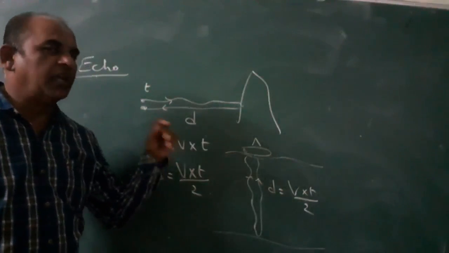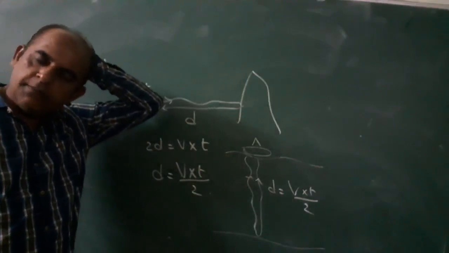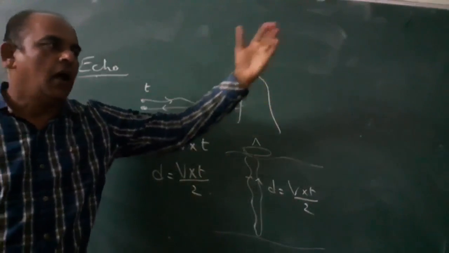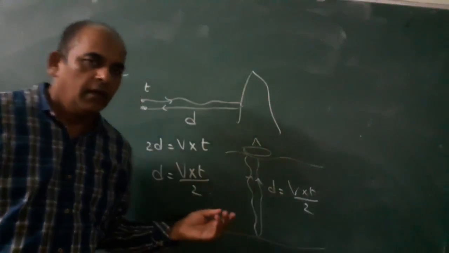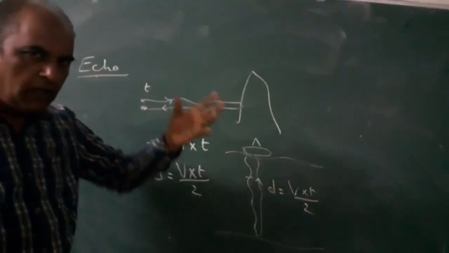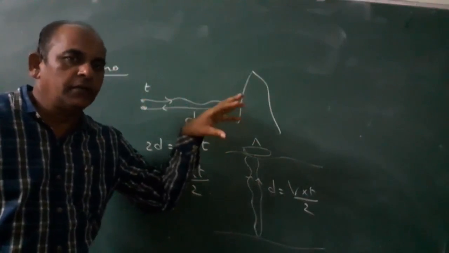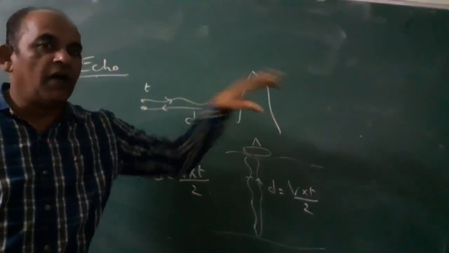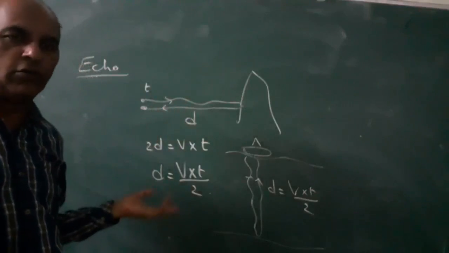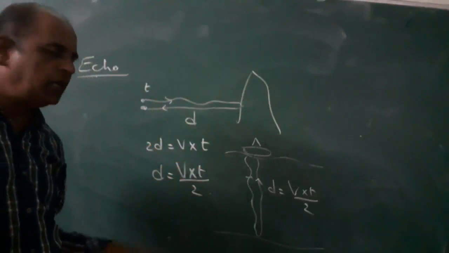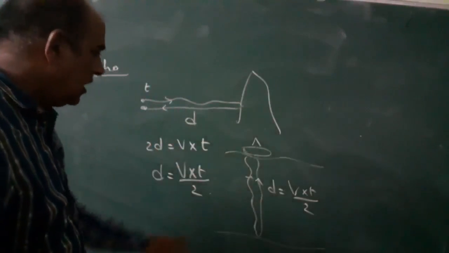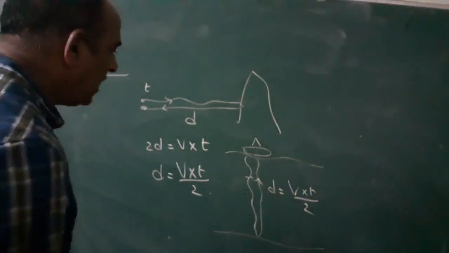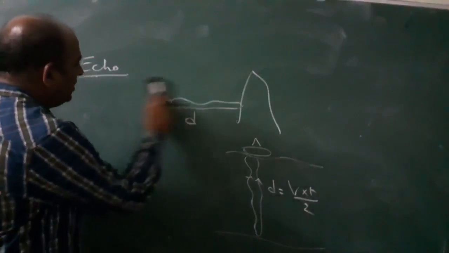By using this technique we can measure the distance of hills or of some places, or identify terrorist activities in forest areas. So d is equal to vt by 2. This method is called sound navigation and ranging, the sonar method, sonar. So that is the use of echoes. Next, about beats.